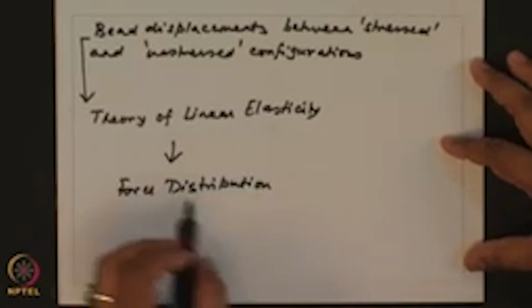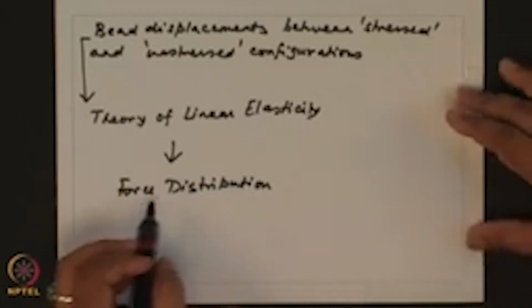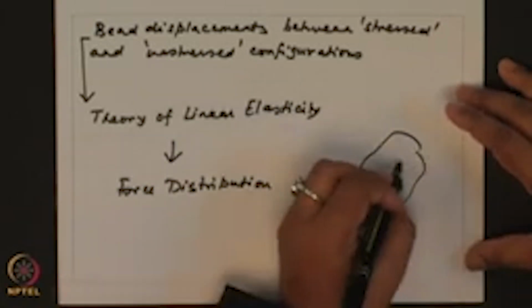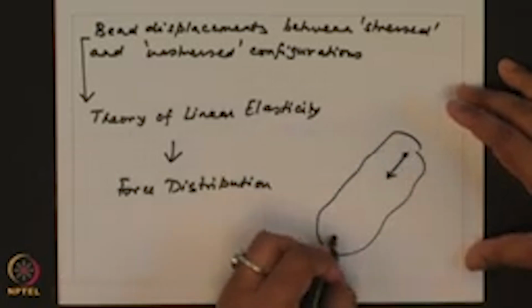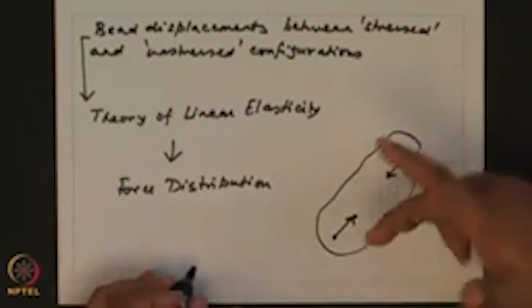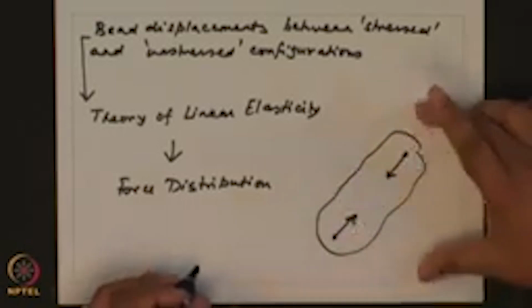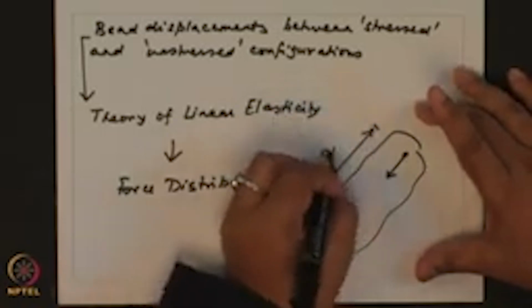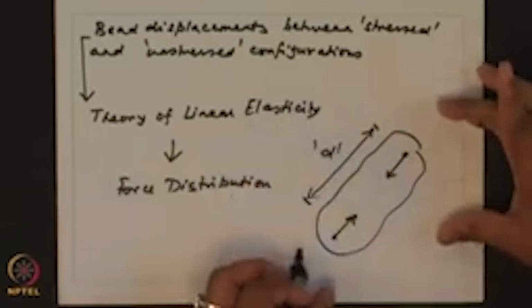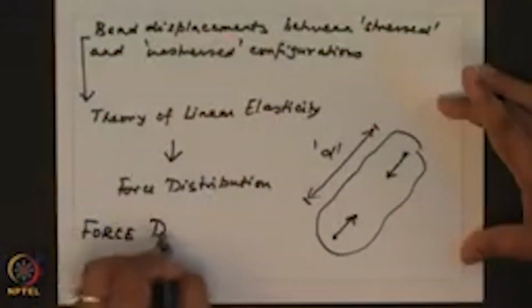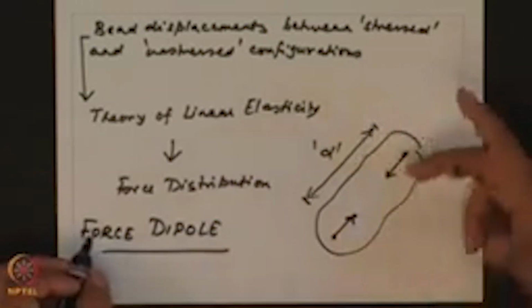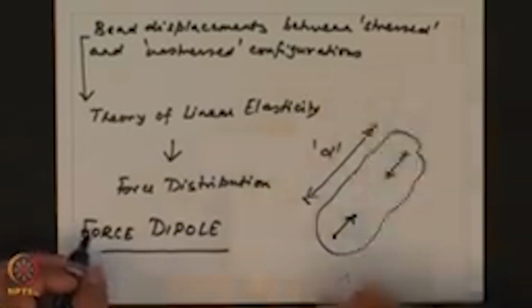Okay. And these experiments have been done for multiple different cell types, as a consequence of which, for example, if this is a muscle cell, you would find broadly 2 big forces which are equal and opposite in direction, but the points of exertion of these forces are separated by a distance d. Okay. So, this is for a muscle cell. This corresponds to what is called a force dipole. This is an example in which you can exert contractile forces along one direction.